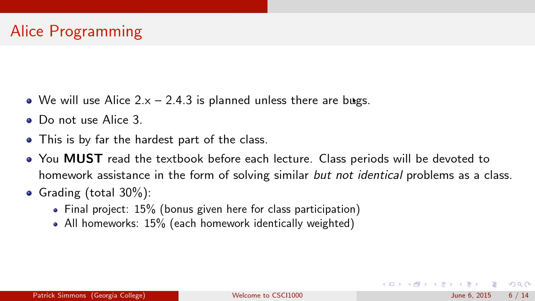It's intended for classes where the students transition to a real programming language such as Java. So even though the version number is higher, Alice 2 still has a place. Alice 3 was not intended to replace Alice 2, and it hasn't, and we're using Alice 2. So 2.4.3 is the version that we're going to use.